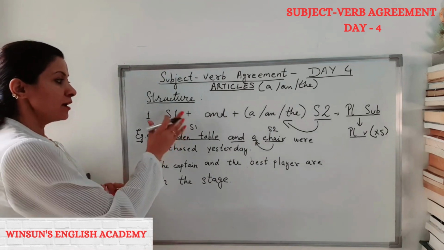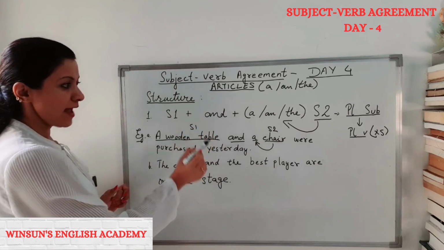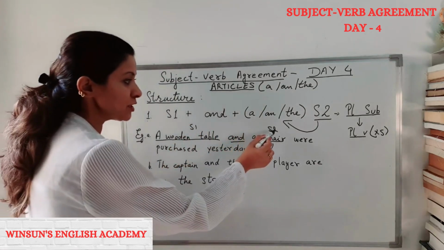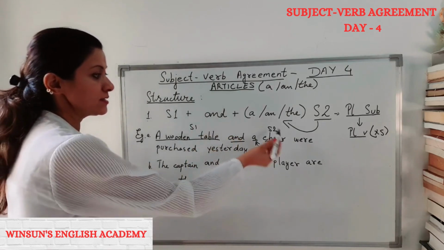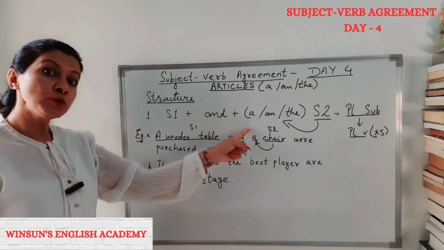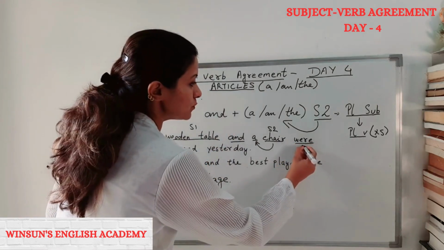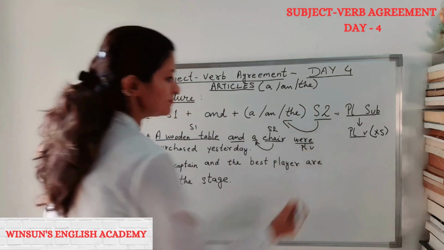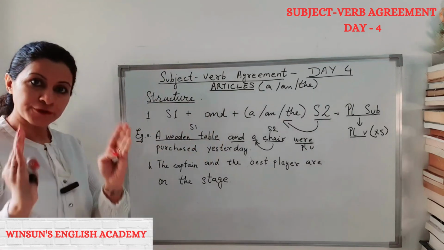So, according to the rule, when we have subject 1 plus and plus subject 2 which has an article, in such a scenario, this becomes a plural subject, right? So, we take the plural verb. Clear?